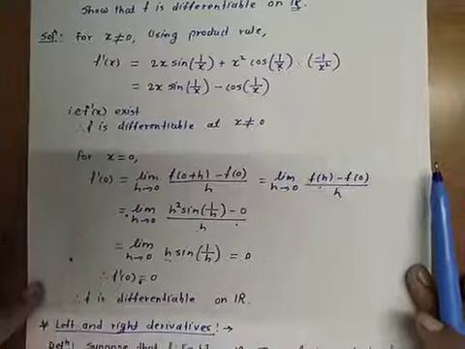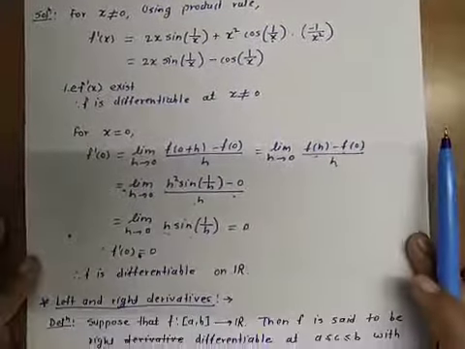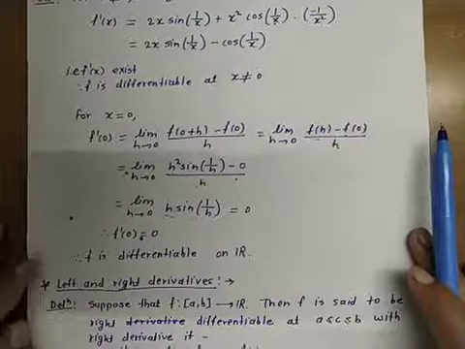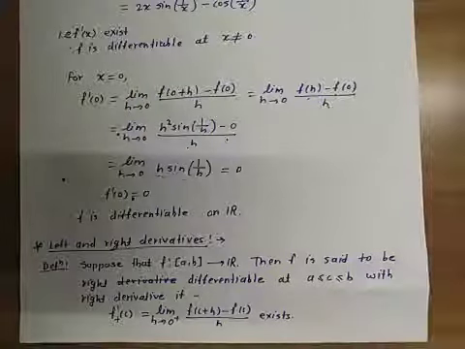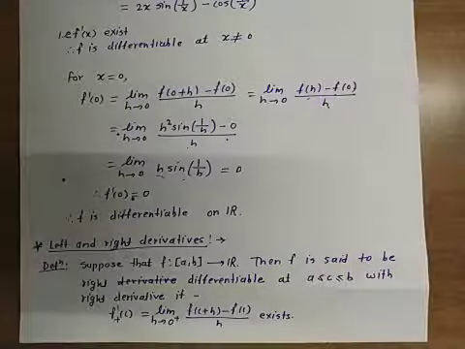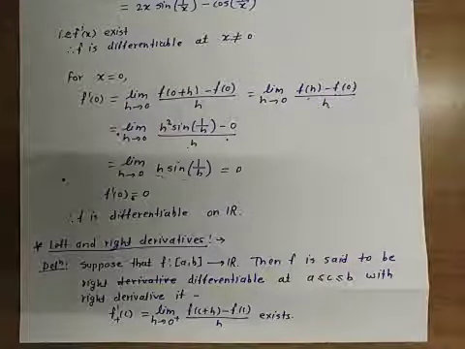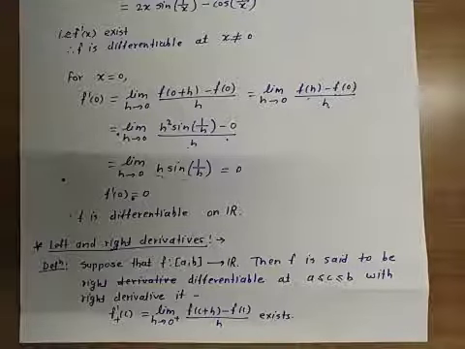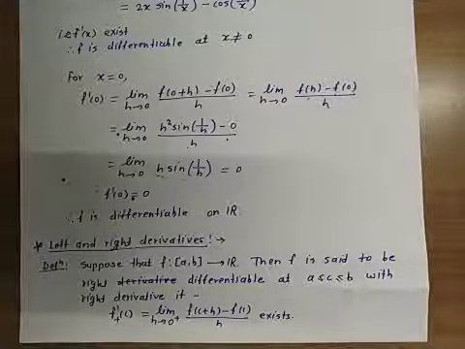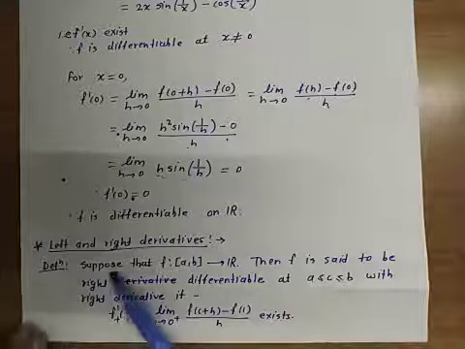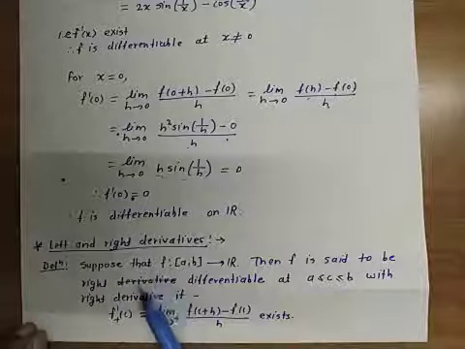Okay. Now let us see the definition of left and right derivatives. We already solved some examples, where at point 0 we checked left hand and right hand limits. Those limits are nothing but the definition of differentiability, the right hand definition and the definition for the left hand limit. So, right and left hand derivatives.